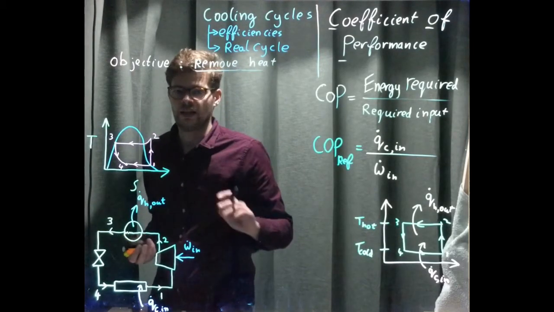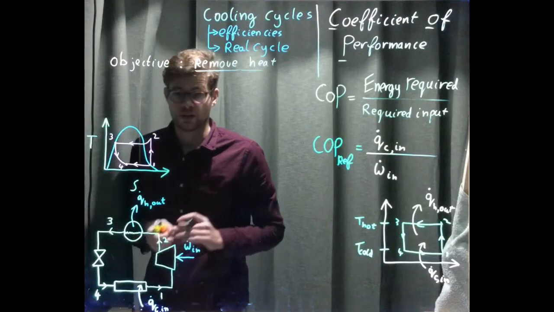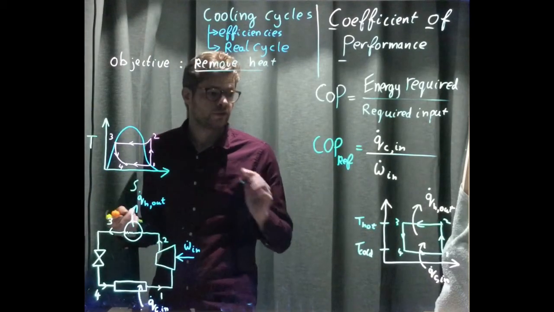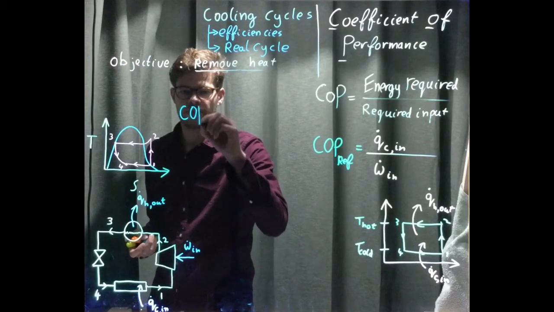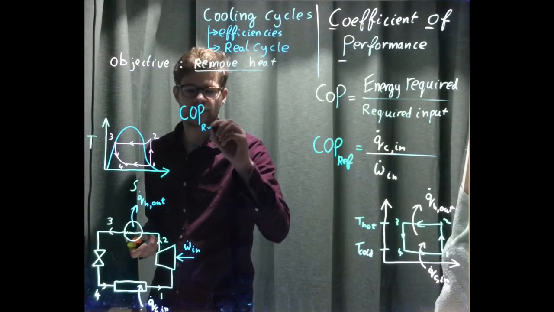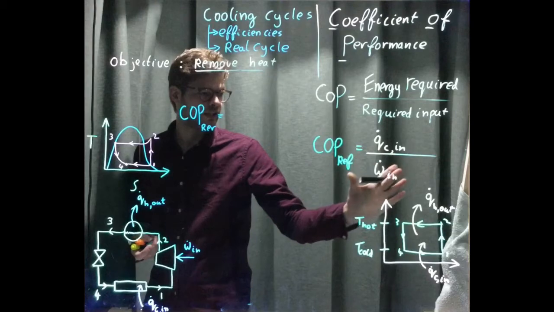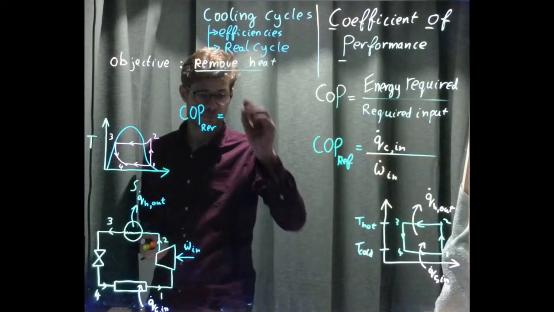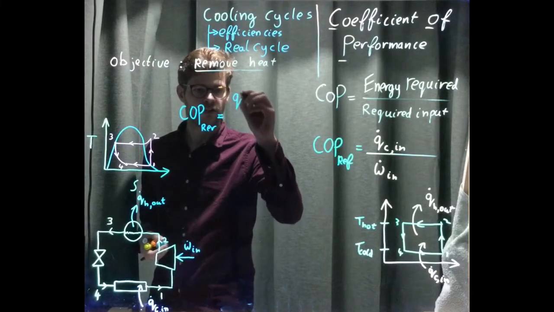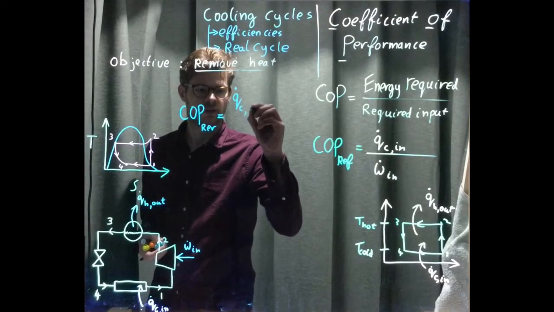Since we are talking about a cooling system, we use the coefficient of performance, calculated again for your refrigerator. As we have already calculated here, I'm just going to use this, and this is Q cold, in.